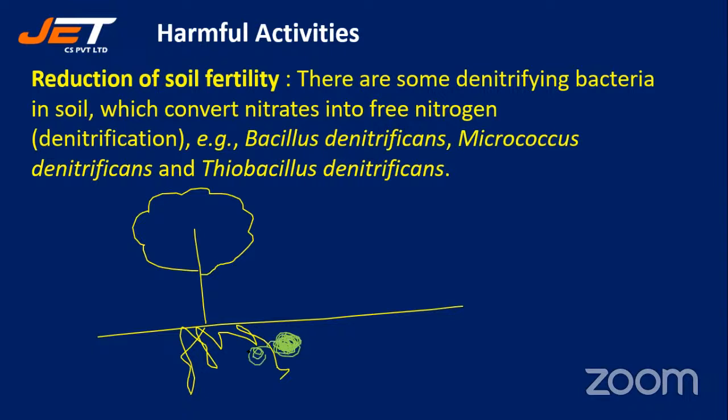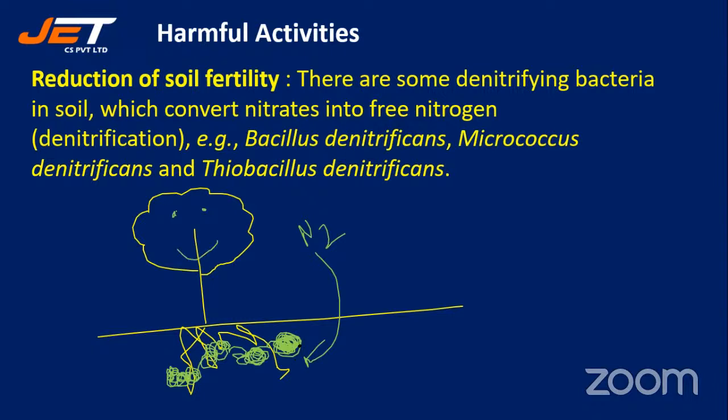Azotobacter grows in the nodules of the root like this, covering the roots of the plant and fixing atmospheric nitrogen. So atmospheric nitrogen is being fixed by these organisms. Now, when these bacteria are living, this nitrogen is supplied to the plant and the plant is very happy, growing well.